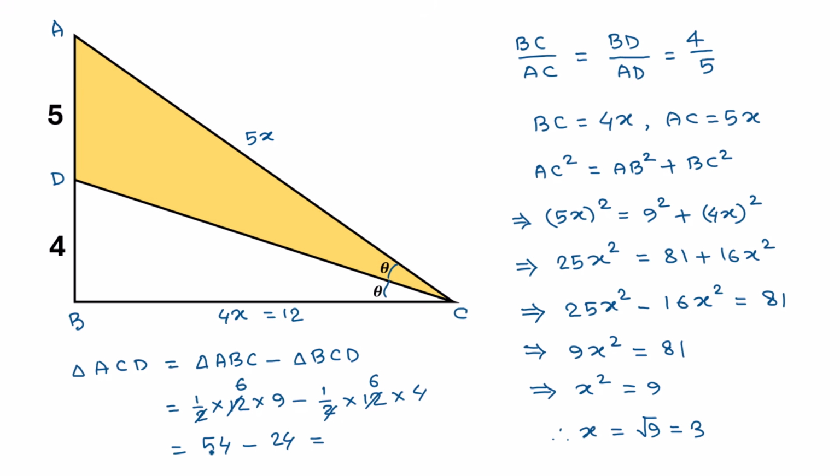That is 54 minus 24, which is 30. So 30 square units is the area of this yellow region.